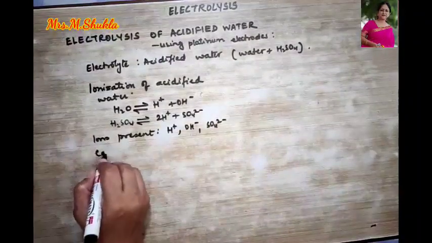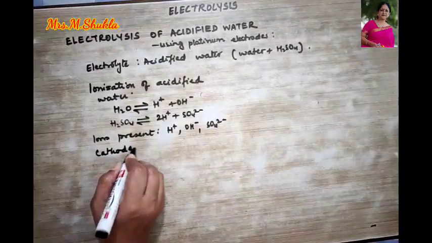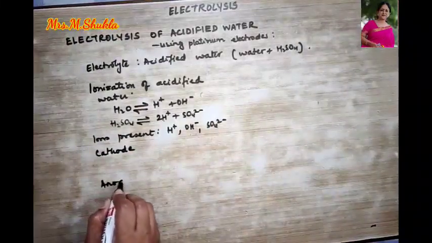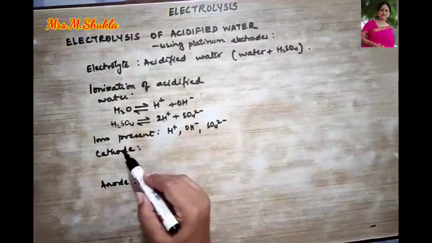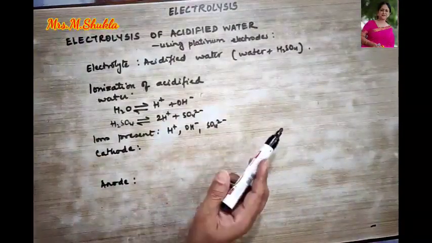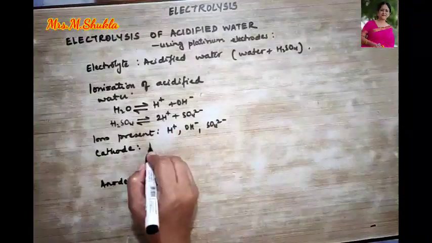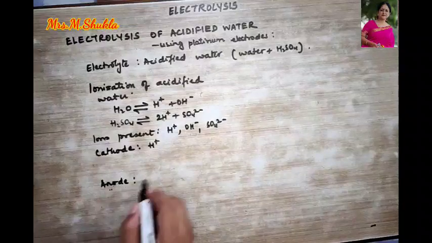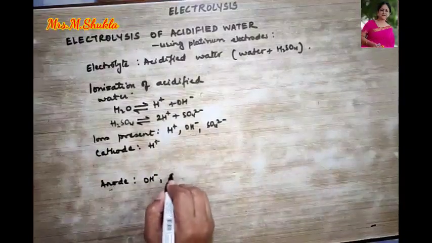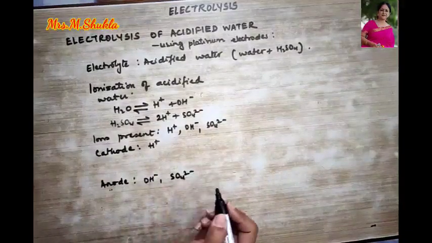Now let's see what happens at cathode and at anode, right? At cathode, what ions are going to move? Cathode is a negative electrode, so positive ions are going to move over here. Anode is a positive electrode, so negative ions are going to move towards anode.